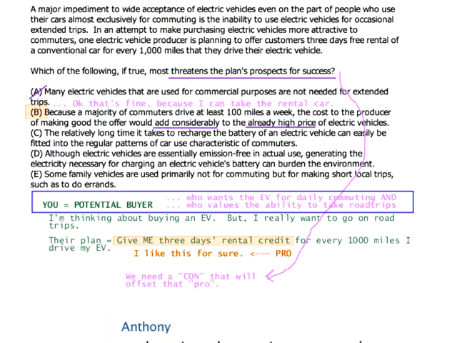So let's put that down there at the bottom of the screen. C actually takes a potential negative and defuses it. This is C explained to a 10-year-old. In other words, this is a pro, or at least it knocks out a con. It kills a potential objection.